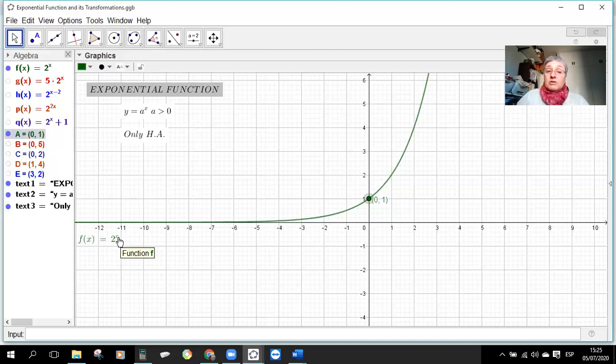If I have 2 raised to the x power and the exponent is positive and it starts growing and growing, you are going to have values of y which are going to increase without any limit. Look, if you have 2 raised to the first power, you're going to be here, it is 2.